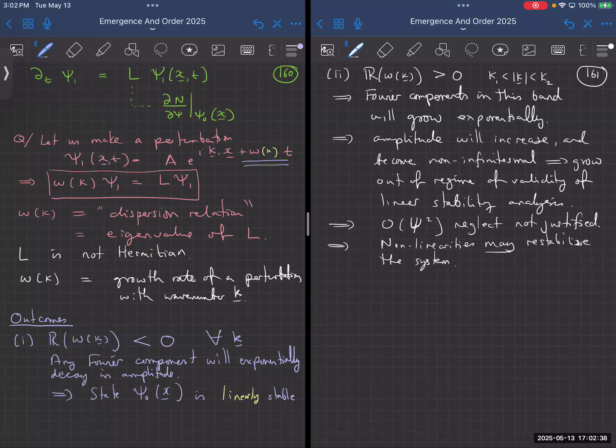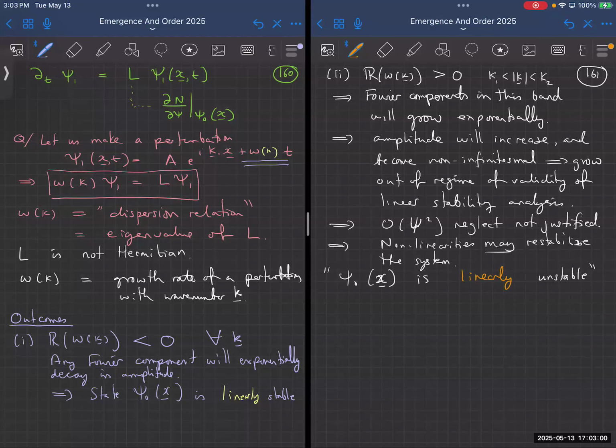So what we would say is that the state psi naught of x is unstable. But that's not really true. Well, it is unstable, but the way we would have to say it correctly is that it is linearly unstable. And it may be nonlinearly restabilized into something else later on.